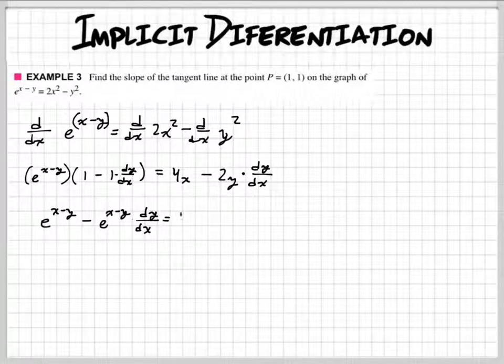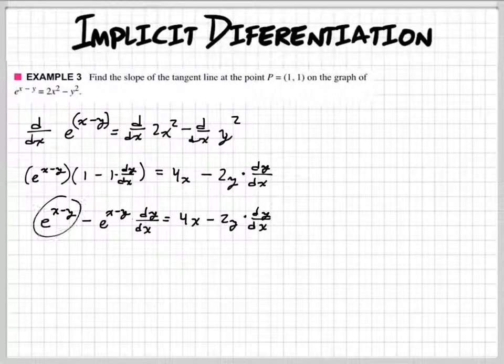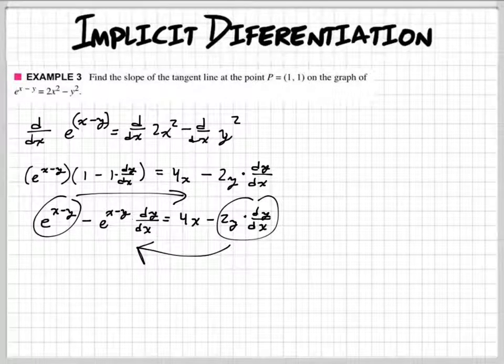On the other side, I have 4x minus 2y times dy over dx. Now, if you want to get the dy over dx alone, you have to get all the dy over dx terms on the same side, and then factor out the dy over dx. So let's see what this looks like. I'm going to move this to the other side, and this to that side.